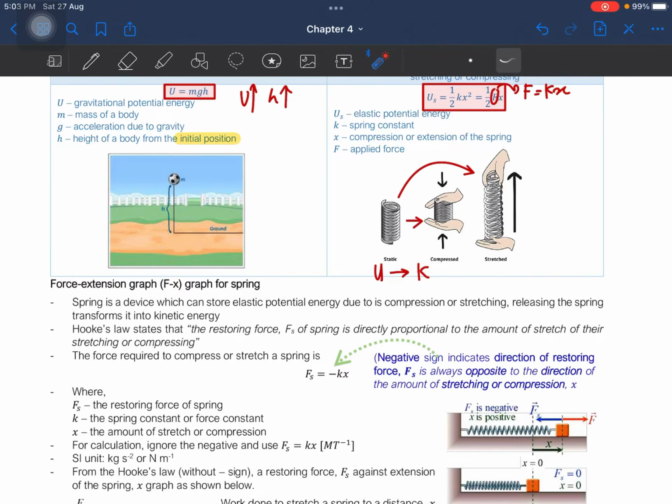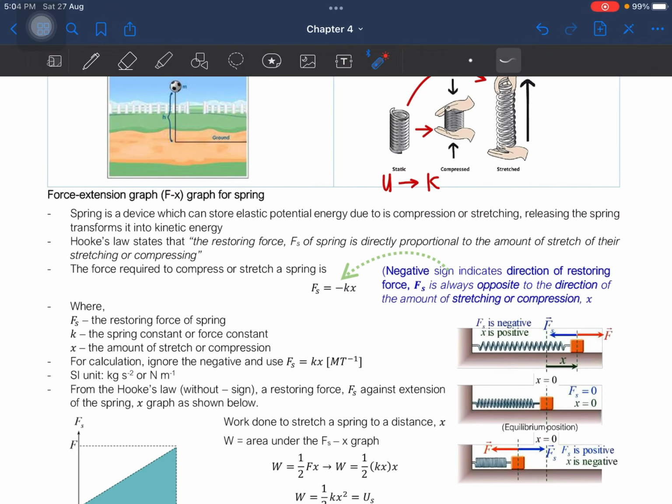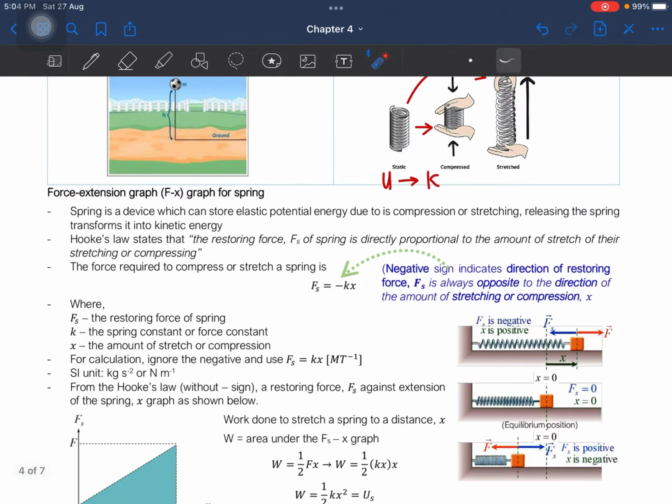Okay, so mathematically we can write that as negative kx. This is the force, nilai force yang required untuk kita compress ataupun untuk kita stretch a spring. So what is the negative sign here? Negative sign is telling us the direction of the restoring force, which is always opposite to the direction of the amount of stretching ataupun compressing.